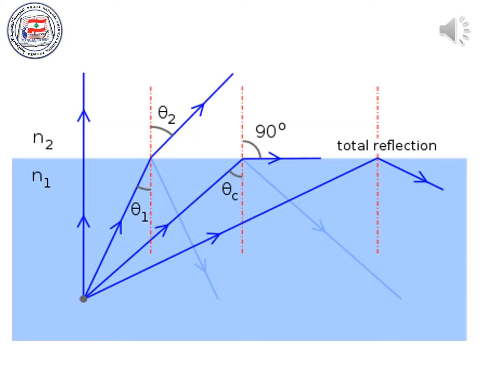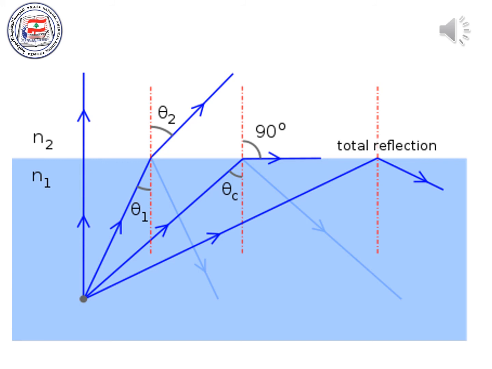And now you are going to see what we talked about. Look at the figure in front of you. We start from the left. If light hits the boundary perpendicularly, which means parallel to the normal, it continues as it is. It doesn't change its direction. Then, if light hits the boundary at an angle of incidence that is less than the critical angle, it refracts, it changes its direction.